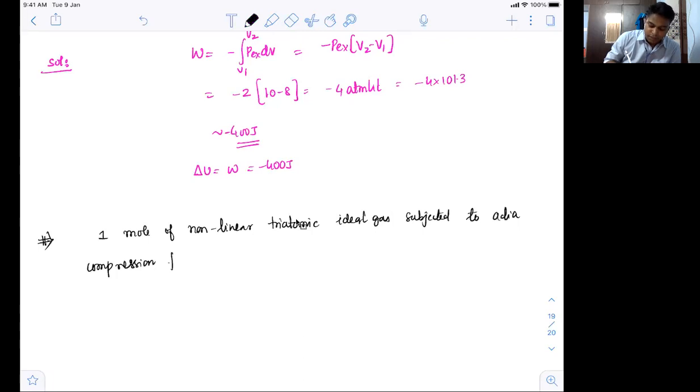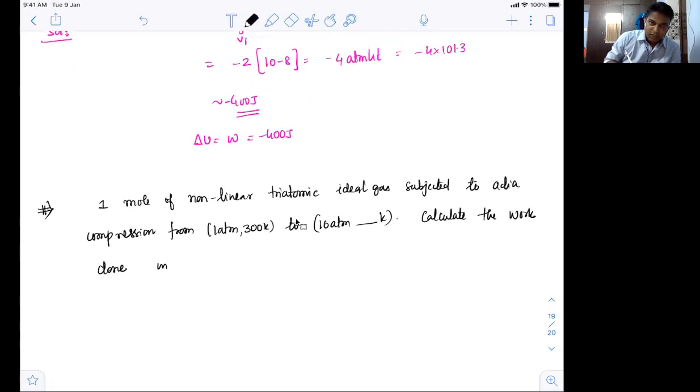It is compressed from 1 atm and 300 kelvins to 16 atm, and we don't know the final temperature. Calculate the work done in the process, first if it is reversible, and second if it is irreversible. Do this now, beta.